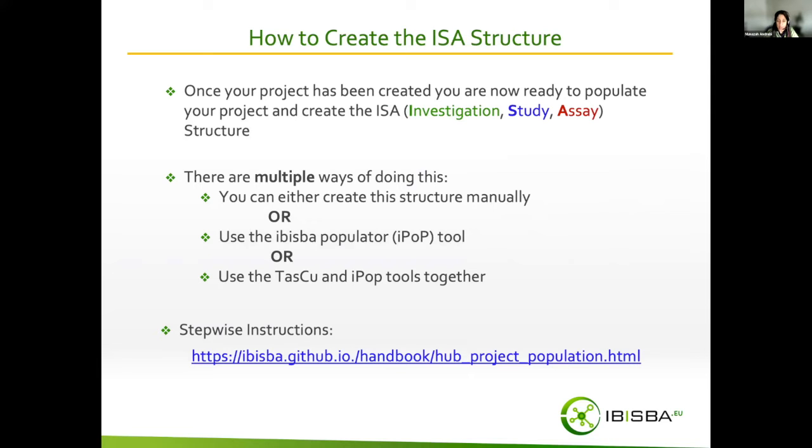Or you can use the IBISBA populator tool, which we have provided, which is like an Excel sheet, and you populate it and then upload it to the hub, making your job much easier. And then there is a tool which follows a DBTL cycle. Again, together with the populator tools, you can use it to upload or create your ISA structure on the IBISBA Hub. The stepwise instructions for this are also available in our handbook.